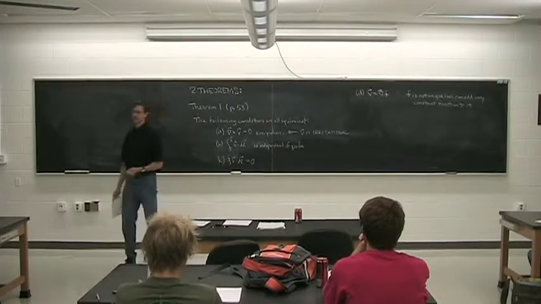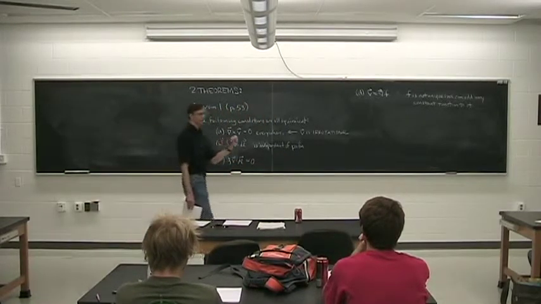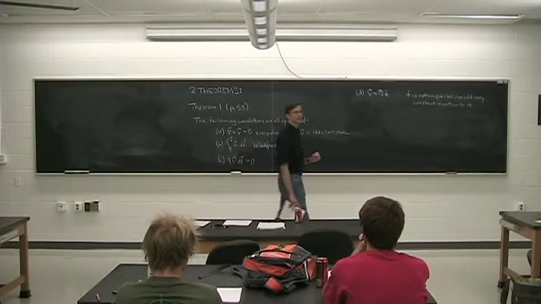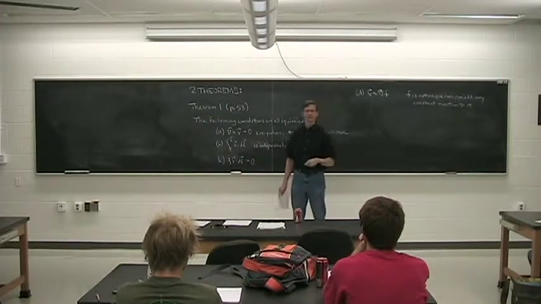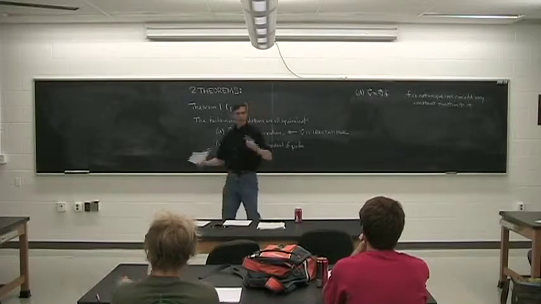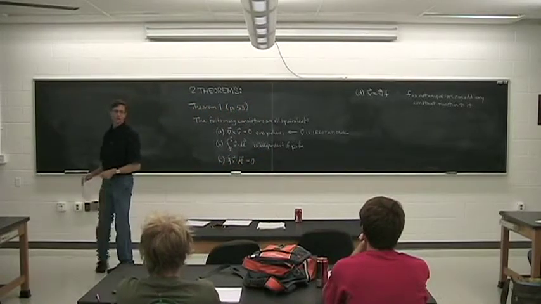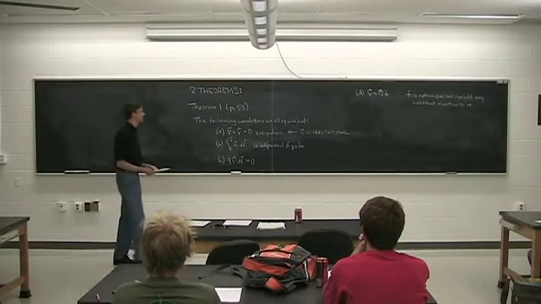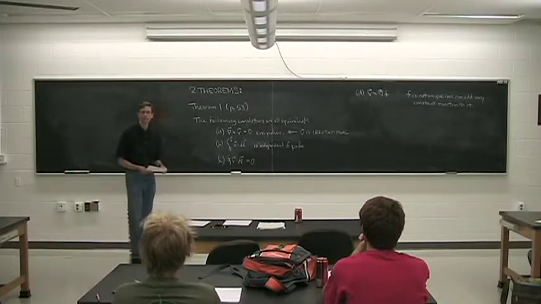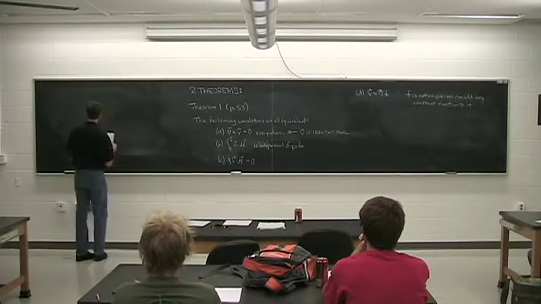Or when you're finding the electric field, the gradient involves taking differences in the limit as you go to zero separation. Since only differences matter, adding an arbitrary constant to the scalar doesn't change anything. Okay?